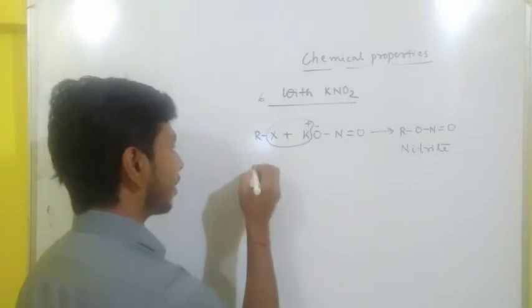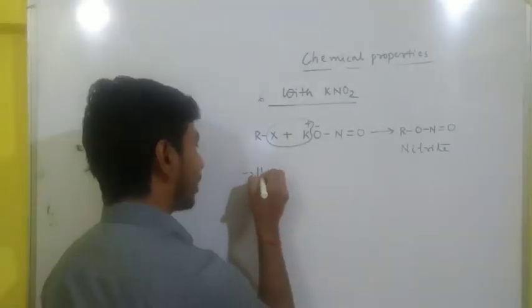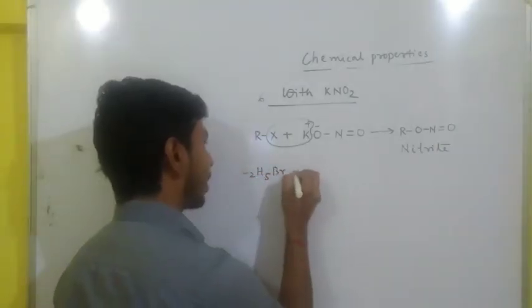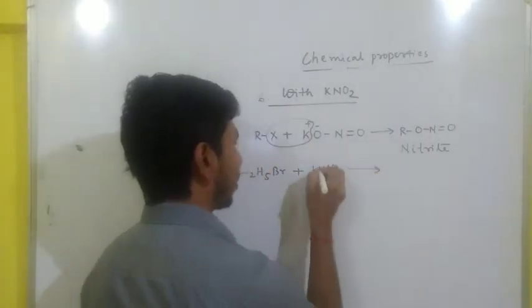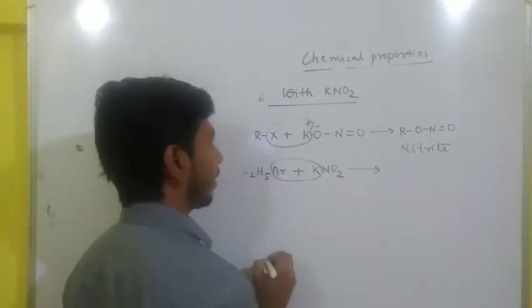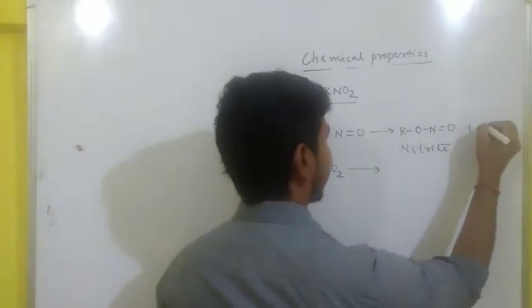RONO. As for example, C2H5Br plus KNO2. Here KBr is removed, so the side product is KX.